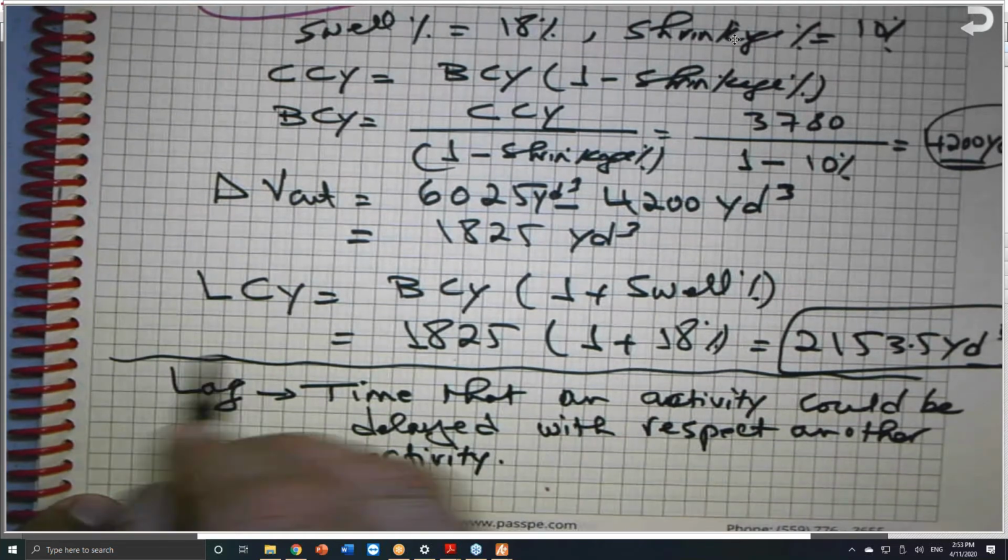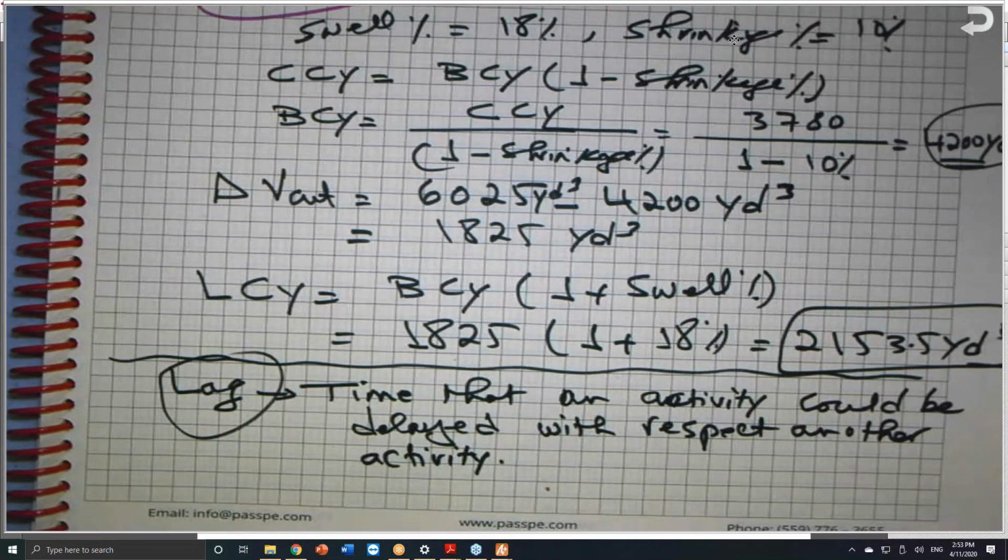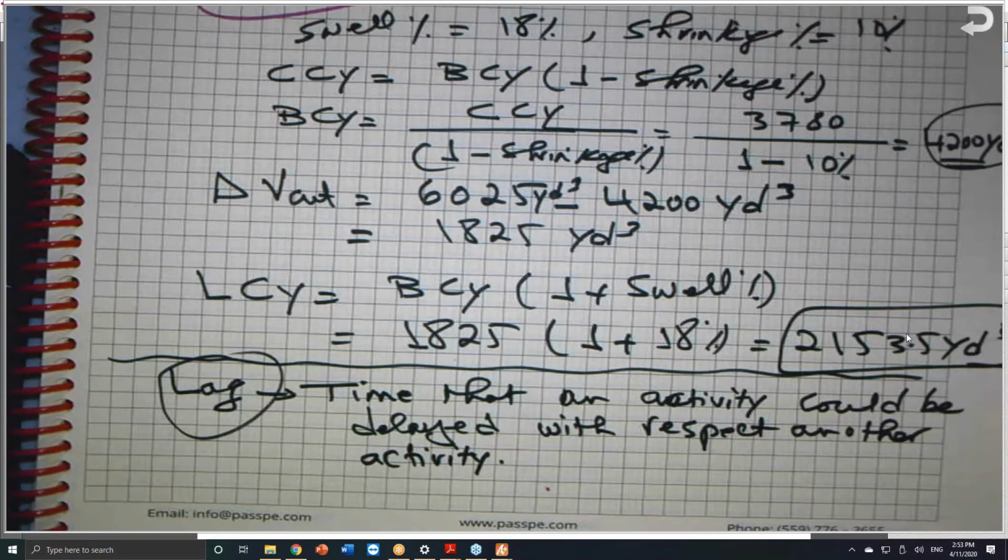It's called lag. So in order to solve the problem, let me show you, and after that we will see what the answer is for this one.